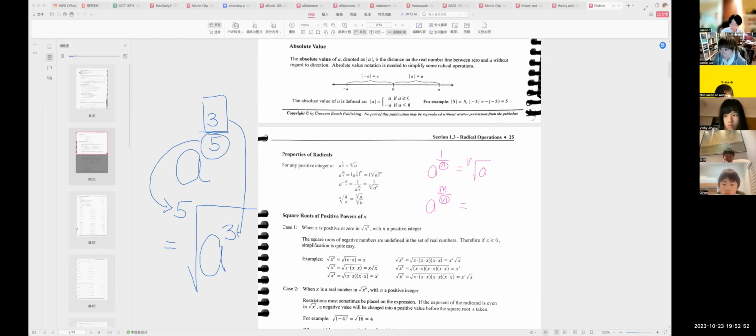Are you clear, everybody? So for instance, if I have 2 to the power 3/5, it equals 2 to the power 3 and the radical 5.